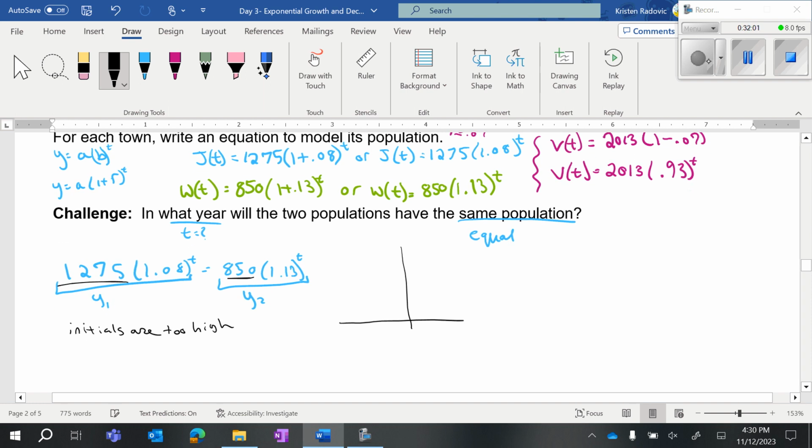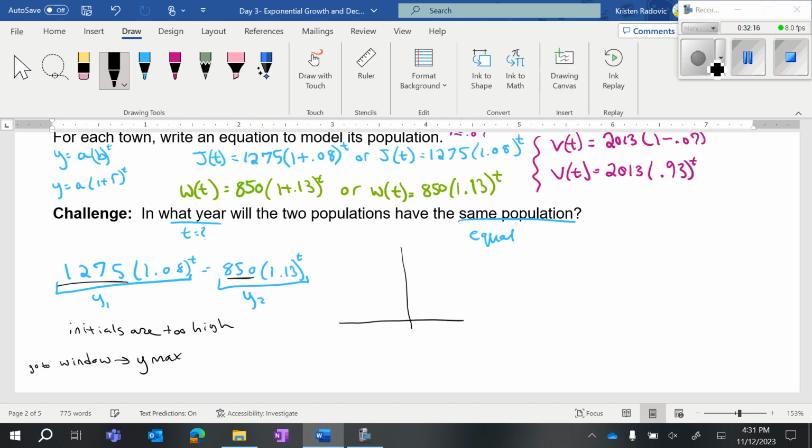So what you're going to do is hit Window, and if you want to see higher, you have to change your y max. Now, if your initial is 1,275, you should make your y maximum larger than that. You can really play with whatever you want. In this case, I'm going to make my y max 5,000. Then graph.